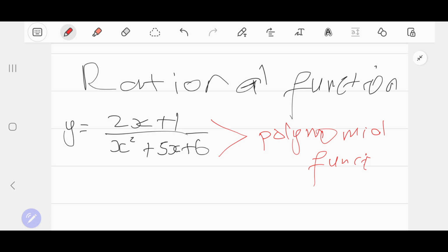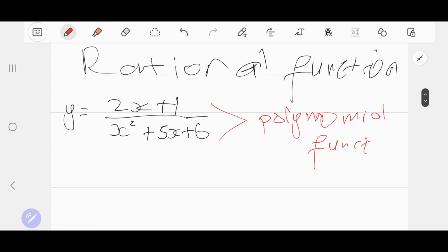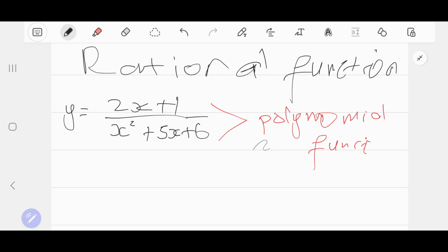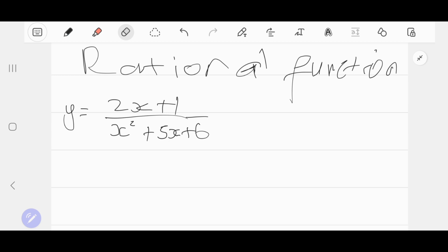So you must be really careful, people. The other example, because there are many and they are really different, I don't want to restrict you, people, because of different kinds of functions.